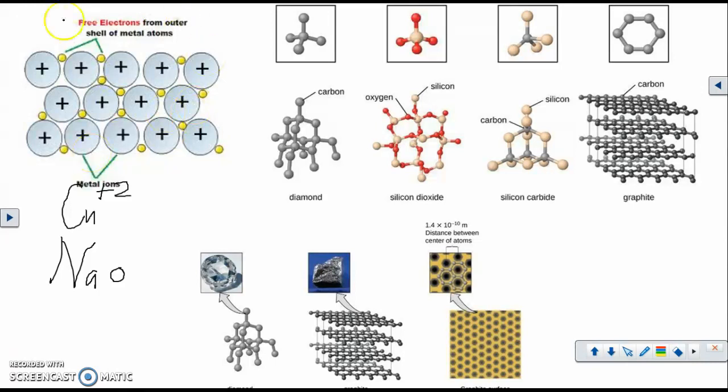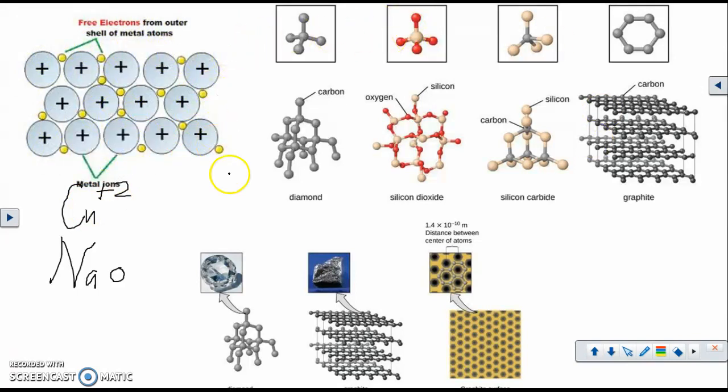So this is actually a solid. And the reason it's a solid at room temperature is that it has bonding similar to covalent compounds. The only difference is that in covalent compounds, the electrons remain in place, they are localized. In metallic bonding, those electrons are delocalized.